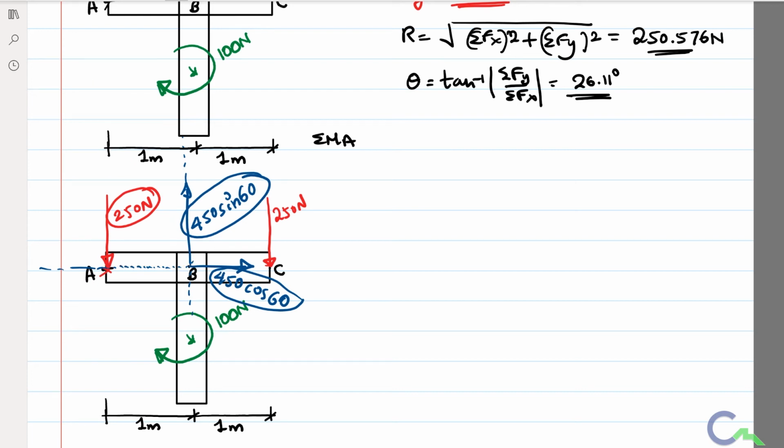Therefore I will take that as minus 450 sin 60, the perpendicular distance, that is 1 meter. So I'm going to take that here, that is 1 meter.